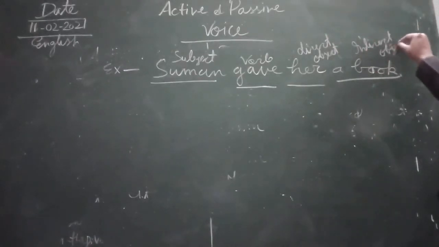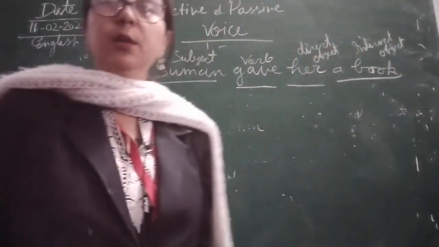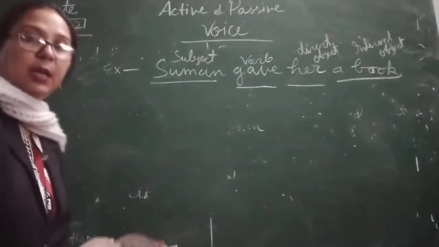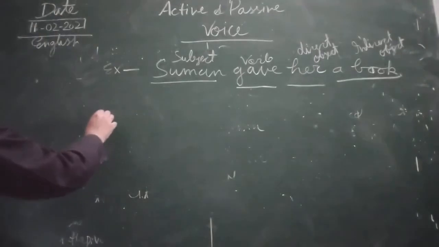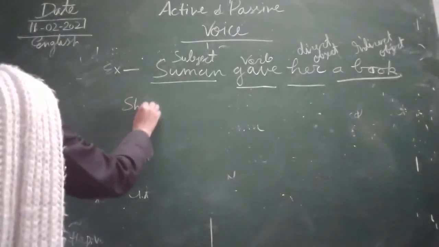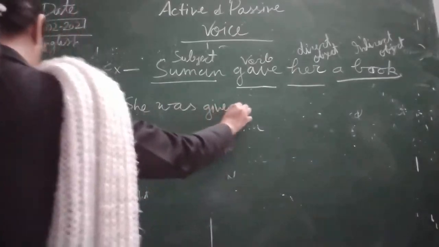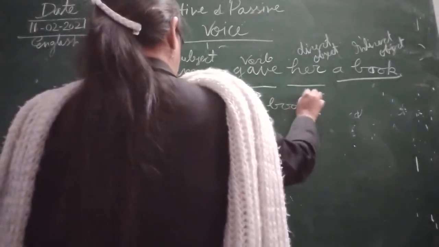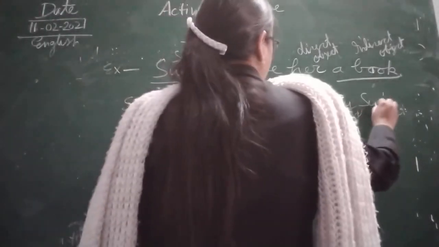So what will we do while converting active to passive voice? We can write it in two ways. The first way: she was given a book by Suman.